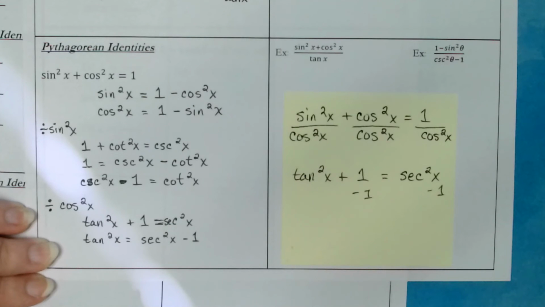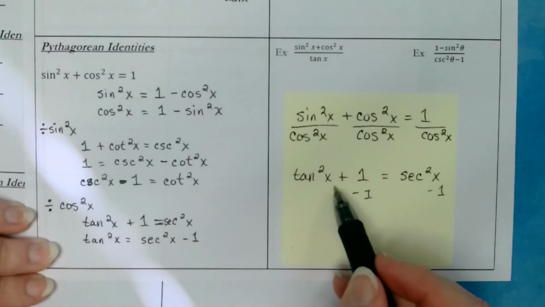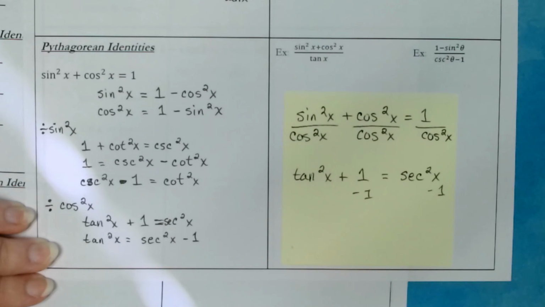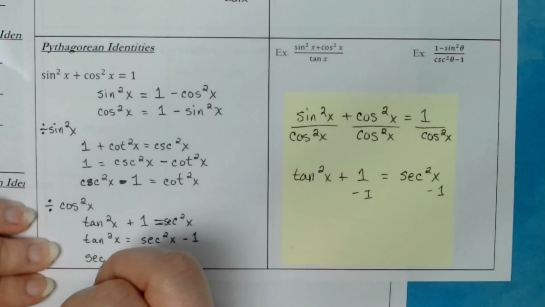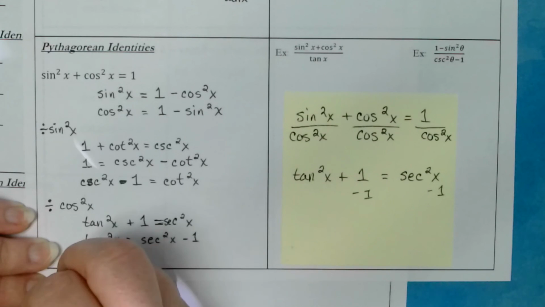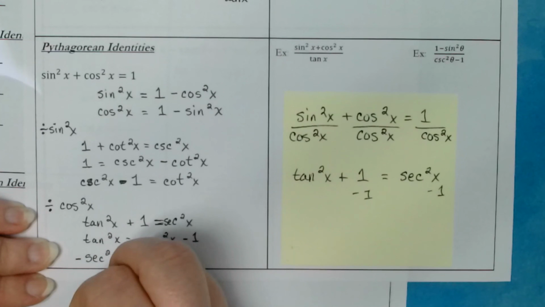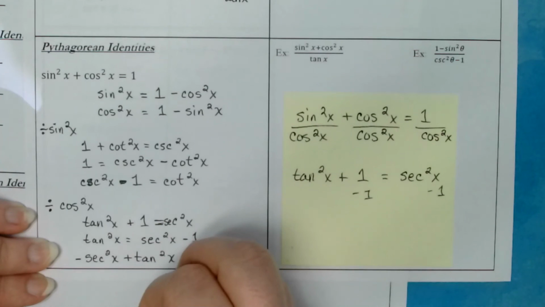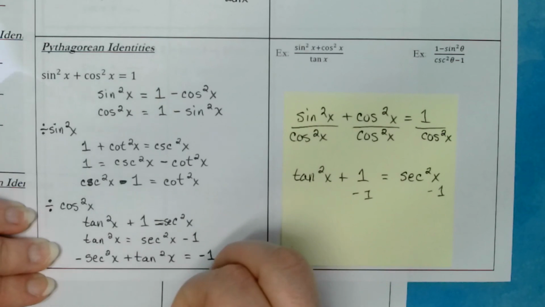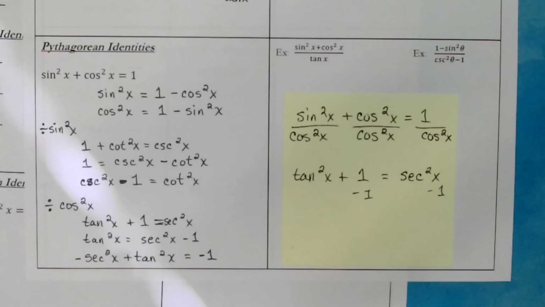Or I can move that secant over, so that I've got negative secant squared x plus tangent squared x, I could have written it as tangent squared minus secant squared, equals negative 1. Or you could flip the signs and say, okay, I want positive secant squared minus tangent squared equals positive 1.